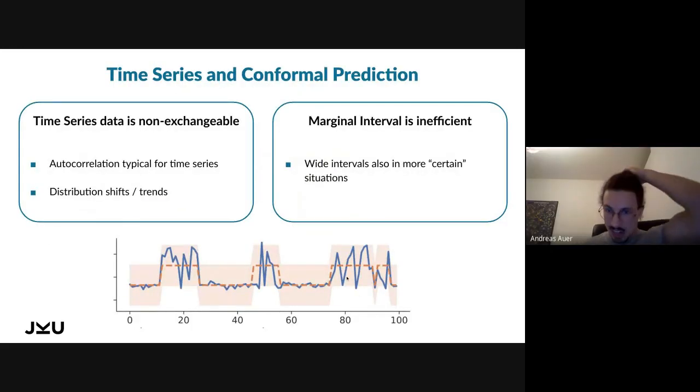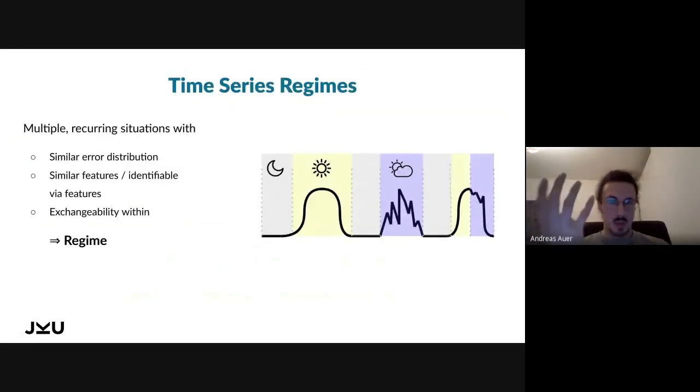This example more or less leads us already to our main motivation, which is time series regimes, or how we see time series. We think of time series as consisting of so-called regimes, which means we have different regimes that are reoccurring, and there are multiple different ones.